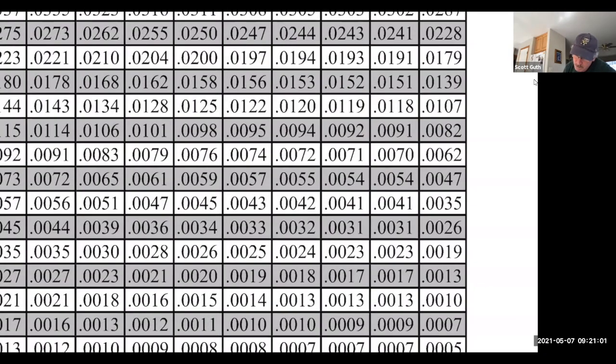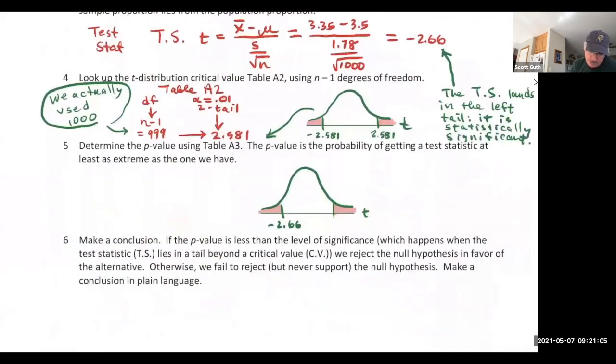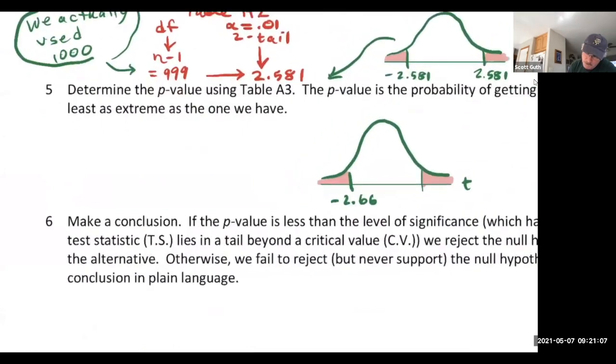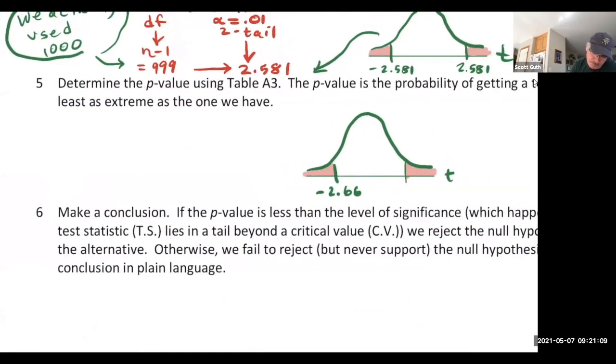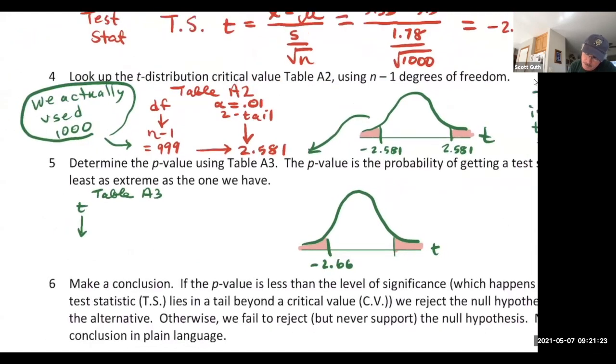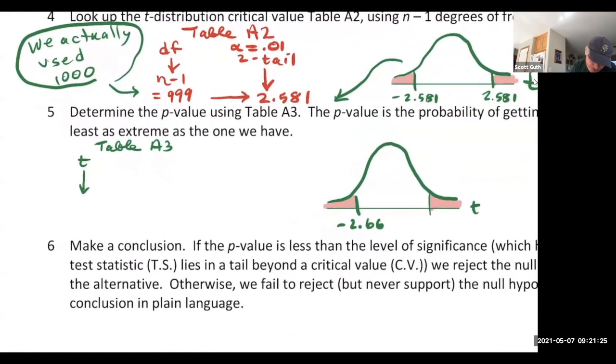Okay, so 0.0035. What we did was, for table A3, with our t statistic, you've got to go down to negative 2.7.